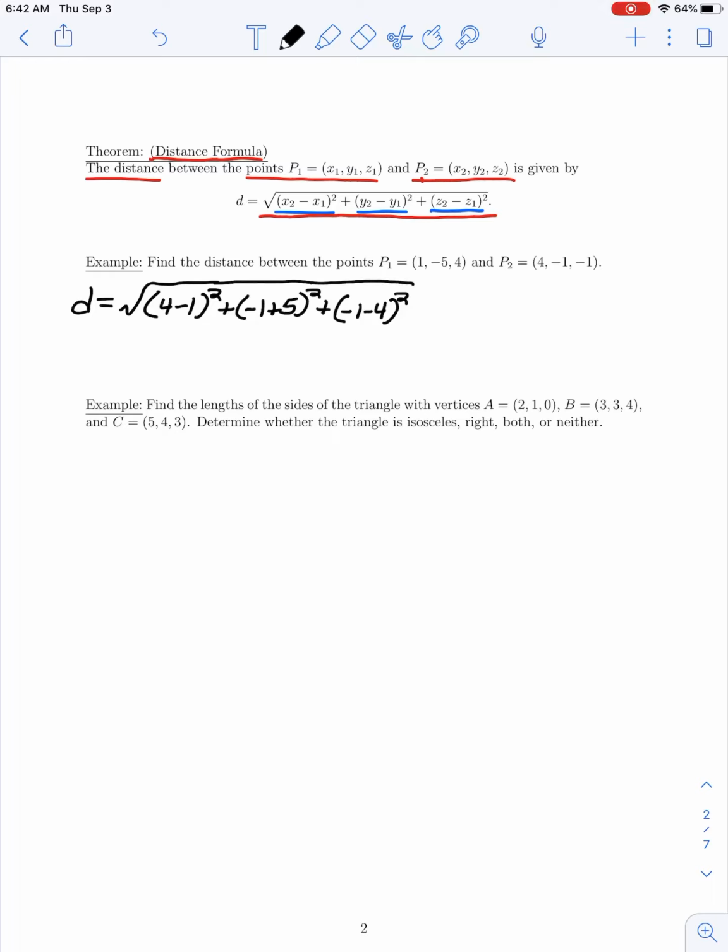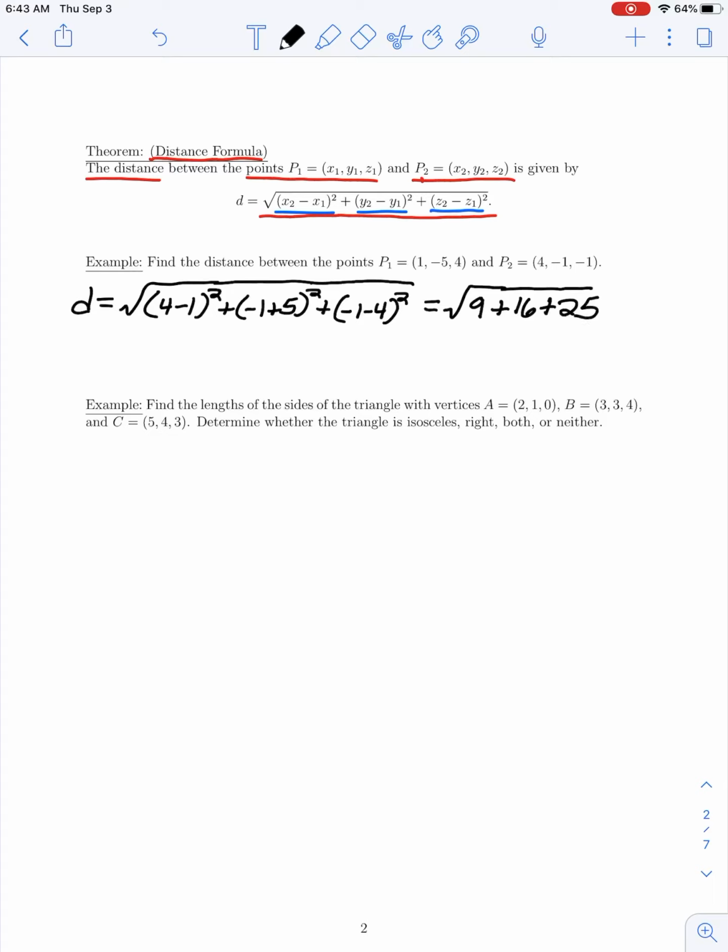So let's see what this gives us. Simplifying a bit, we have the square root of our first term, 3 squared, which is 9, plus our second term, 4 squared, or 16, plus our last term, negative 5 squared, or 25.